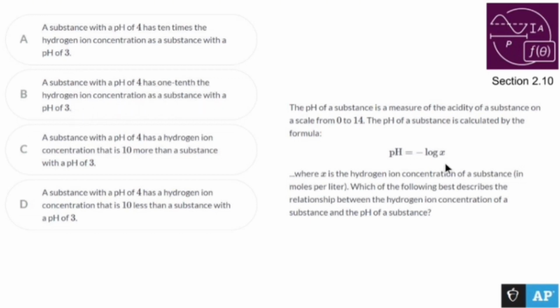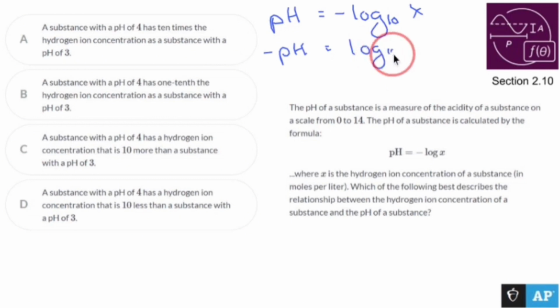So basically what I need to do is turn this into its exponential counterpart. So pH equals negative log, invisible base 10, of x. I'm going to multiply both sides by -1, so now I have that.